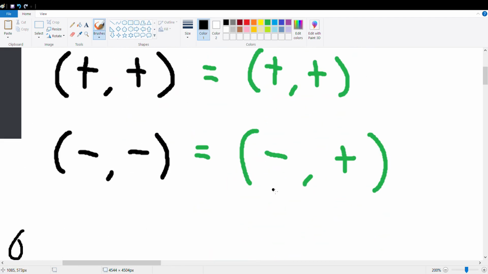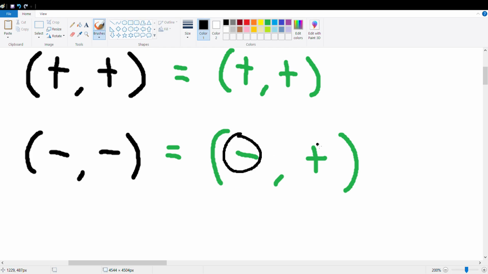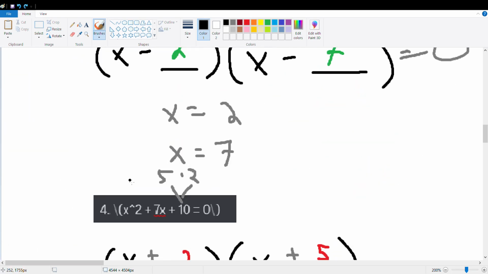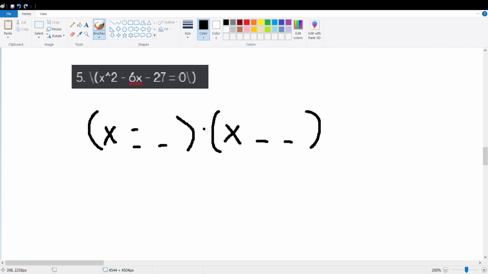So we now know that we're going to be using negative and positive for our solution. So x minus plus here, I'll color code it, minus plus. So immediately we can just write 3 and 9, because negative 3 times positive 9 is negative 27. Negative 3 plus 9.